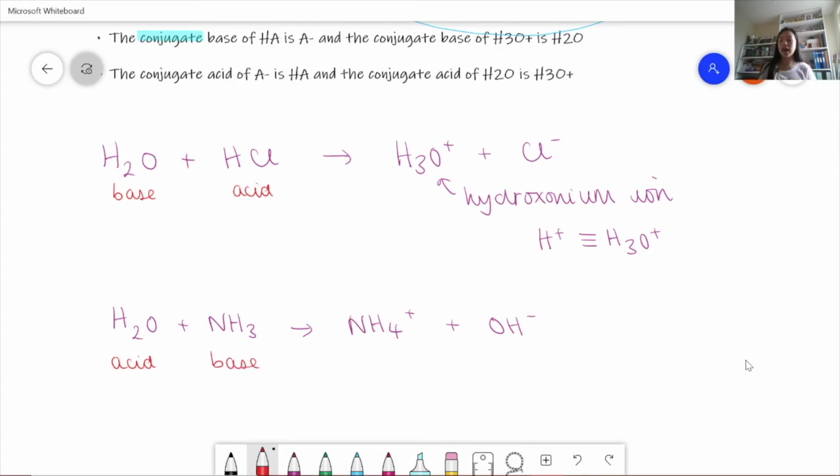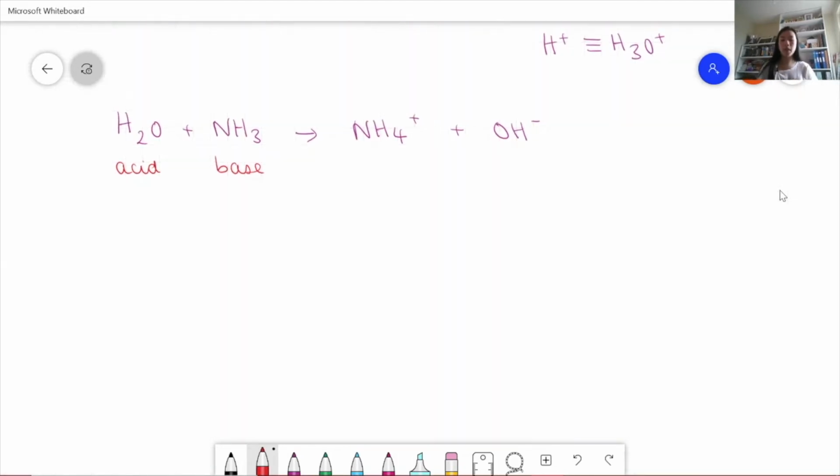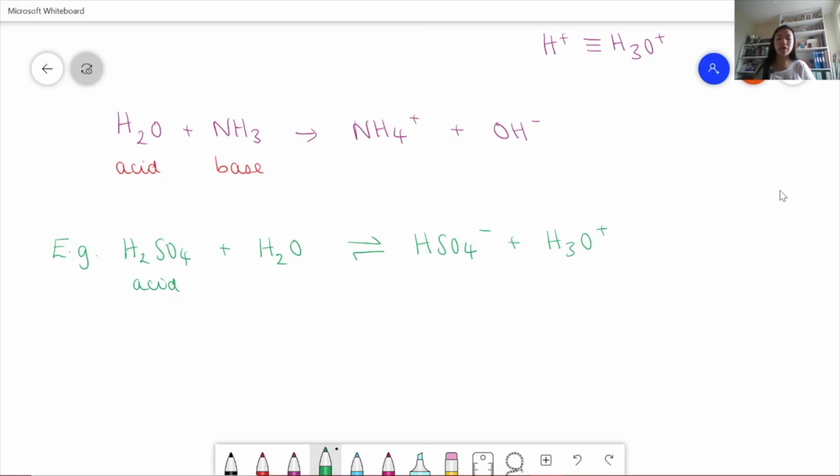So if we were to look at a proton transfer equilibria example, we could have sulfuric acid added with water, and this would form HSO4 minus, the ion, and H3O plus. Sulfuric acid would be acting as the acid, and water would be acting as the base, as it's accepting that proton.